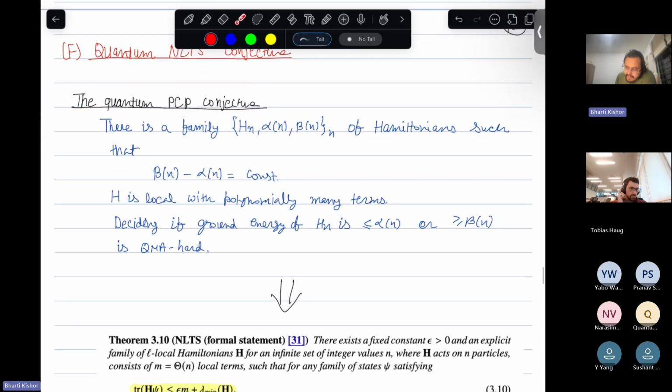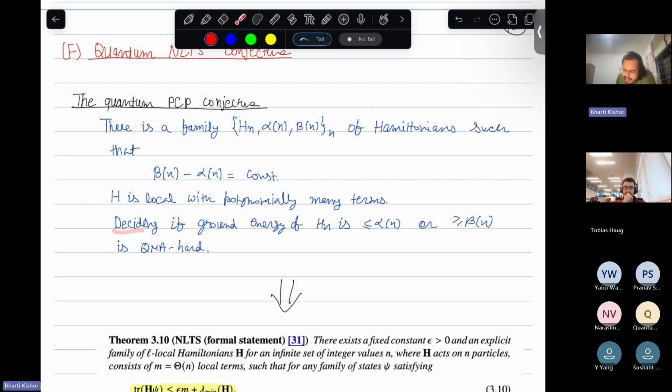It says that there is a family H_n, alpha_n, beta_n, parameterized by n, of Hamiltonians, such that beta_n minus alpha_n is, let's say, constant, and the H that you have here is local with polynomially many terms. So it's k-local, for some fixed constant k.